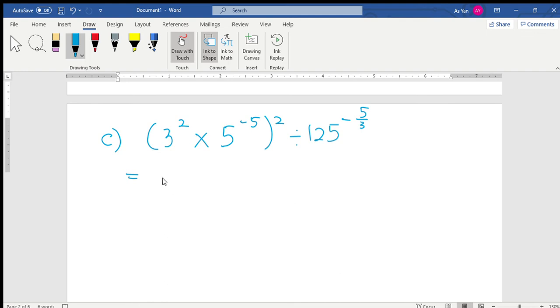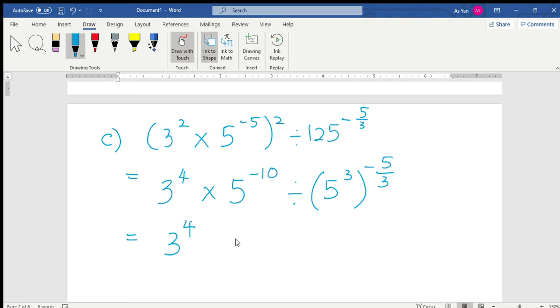So 3 to the power of 2, this 2 we multiply with 2, so it becomes 3 to the power of 4 times 5 to the power of negative 5, this negative 5 multiply with 2 becomes negative 10, divide, so 125 which is 5 to the power of 3. So 5 to the power of 3 raising the power of negative 5 over 3.